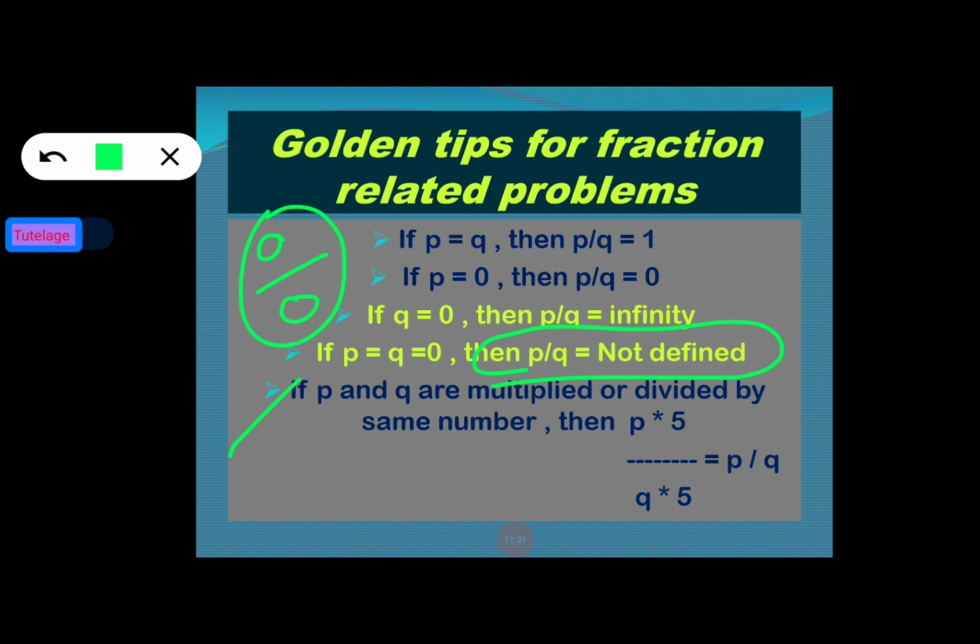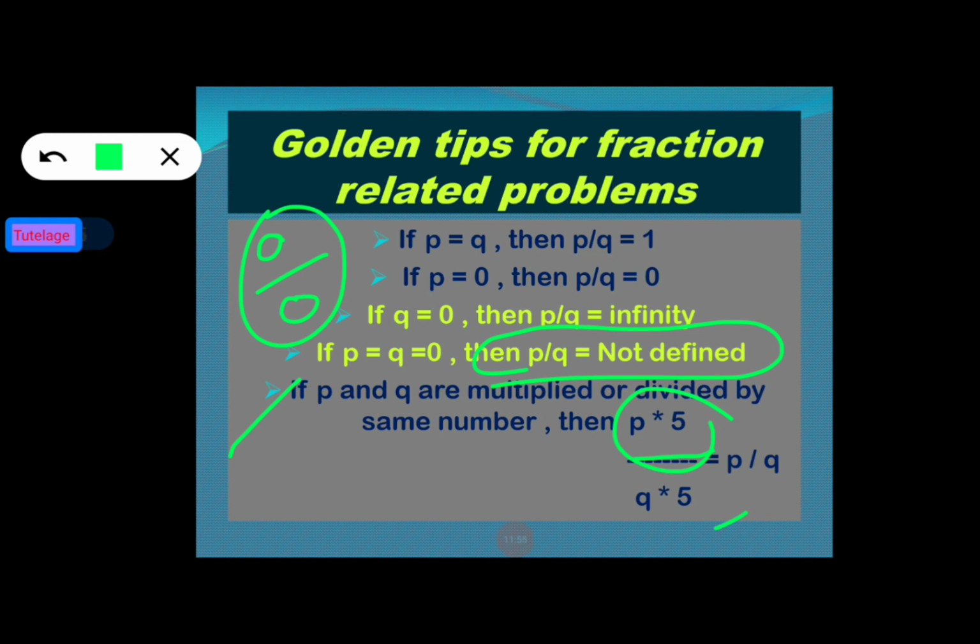If p and q are multiplied or divided by the same number, so p multiplied by 5 and q is also multiplied by 5, we get another fraction. After multiplication, the new fraction will be the same as the previous fraction, that is p by q.